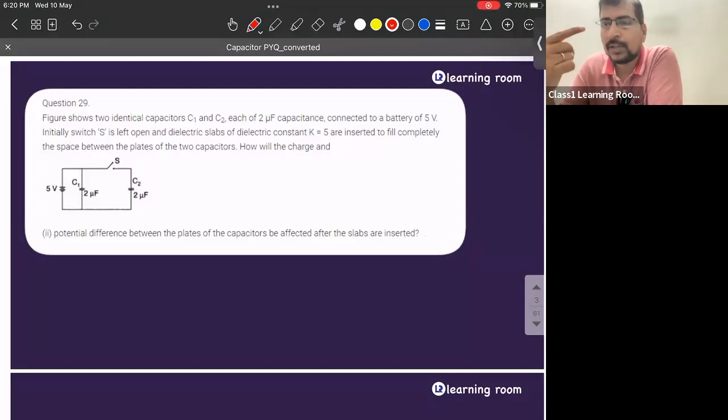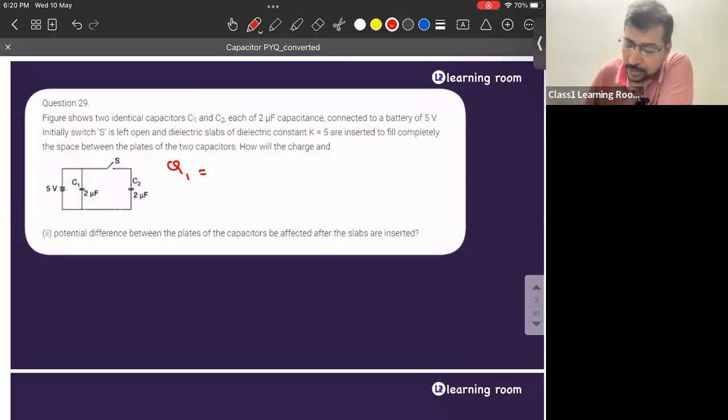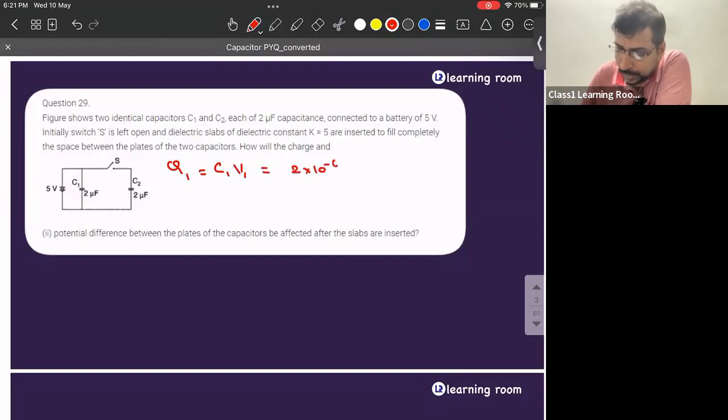But what I will try to understand is I'll try to find out the initial conditions. Let's assume that the switch was closed initially. Then what would have been the charge on the capacitor C1? Q1 will be equal to C1 into V1. What is the value of C1? It will be 2 into 10 power minus 6 into what is the value of V1?